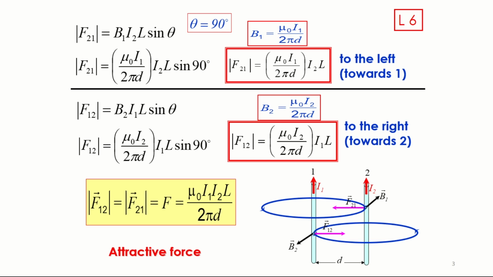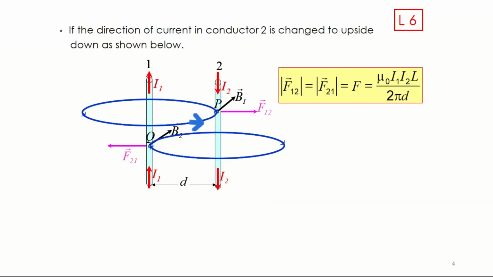If the direction of current in conductor 2 is changed to downward as shown below, to determine the direction of magnetic flux density B1 and B2, we can use the right hand grip rule.